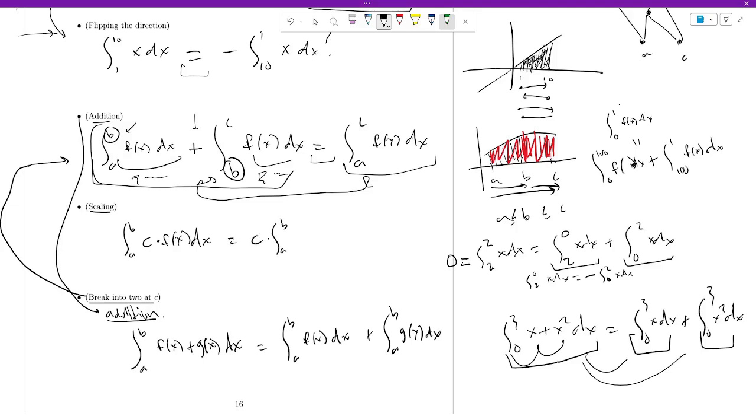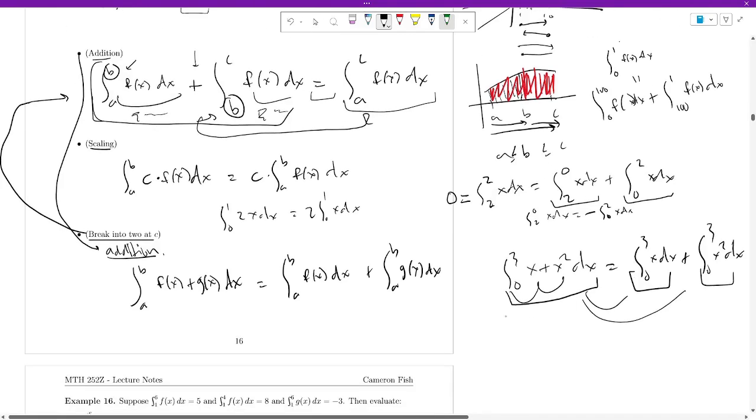This is c times your function. For example, if I have the integral from 0 to 1 of 2x dx, it's the same as 2 times the integral from 0 to 1 of x dx. That's very similar to one of our sum rules from before.